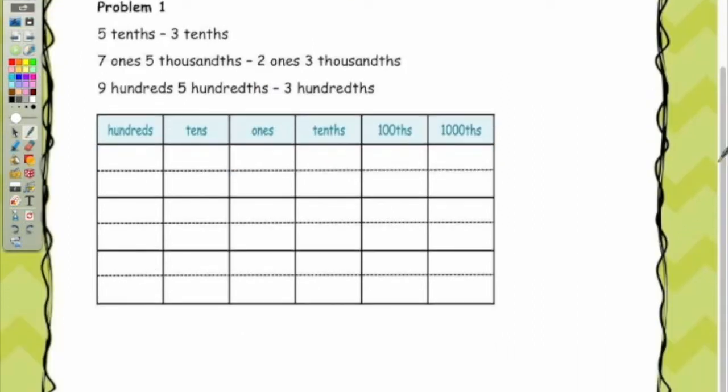Okay. So I want to start with, I think we'll do the middle one here. Okay? So, remind me what it looks like to subtract with place value discs.